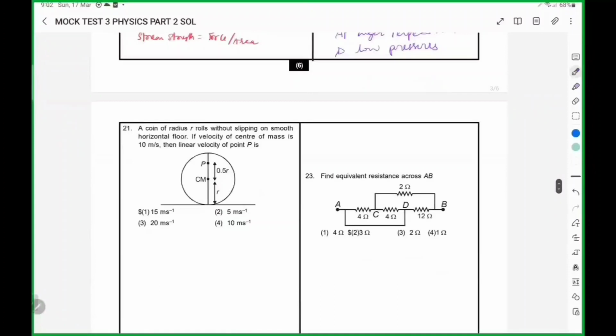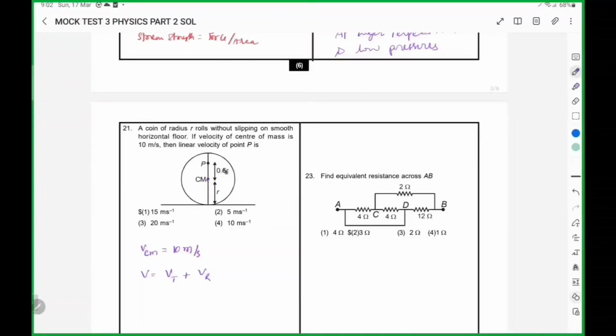Here a coin of radius r is rolling without slipping on a smooth horizontal floor. Its velocity of center of mass is 10 meter per second. So once it is rolling, there will be velocity due to translation as well as velocity due to rotation.